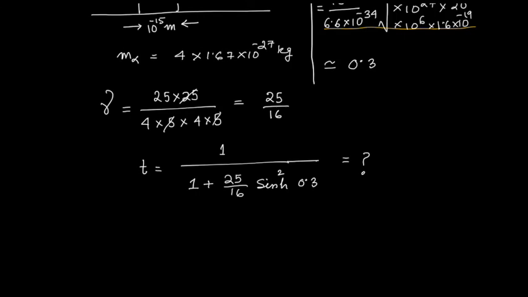So what is this telling you? If there is one electron that falls into the barrier, how many electrons will be going into the other side? Sorry, not electrons, but alpha particles. So if there are 100 on the one side, how many will be available on the other side?